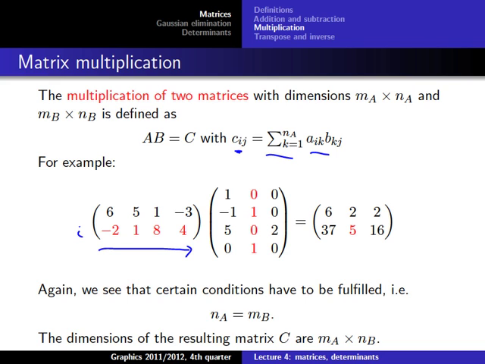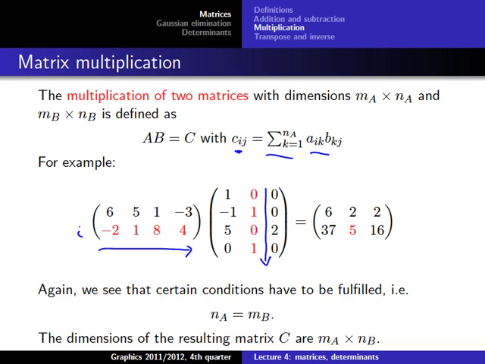We have the row i here, and then we run this index a_ik over the columns. Each value is multiplied with the b coefficient from the second matrix, but now the index k is the row index of the coefficient, so we go down here. That also already shows that we need the same number of values here and the same number of values here.